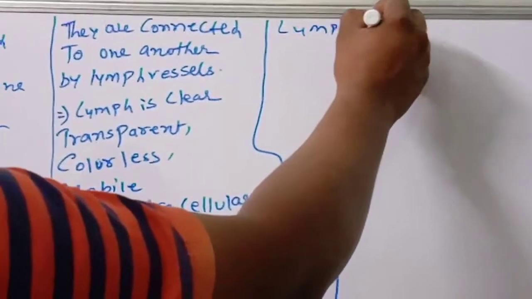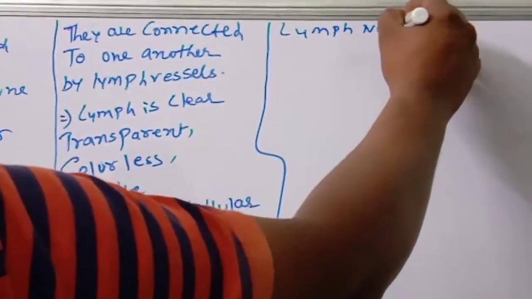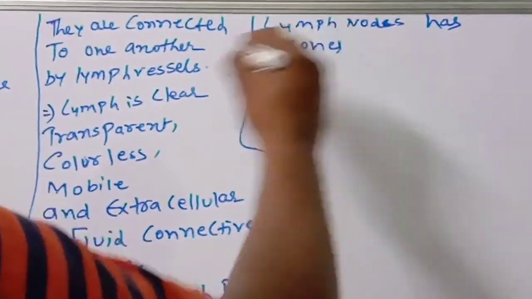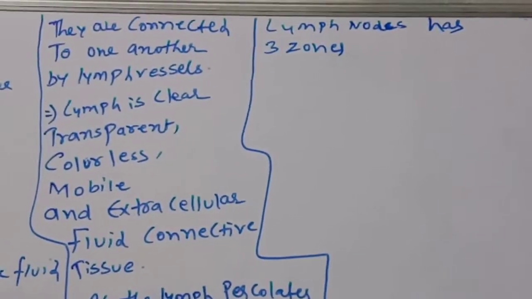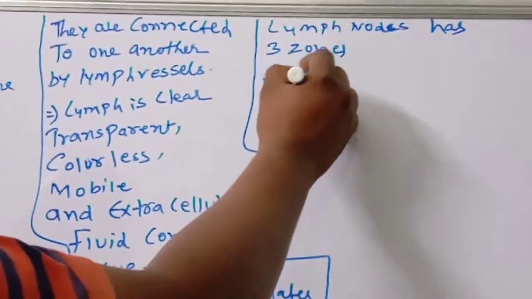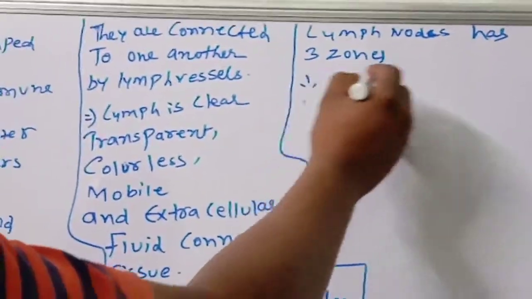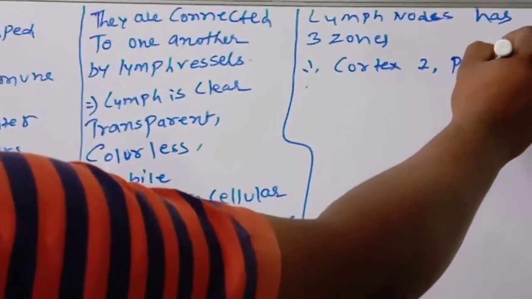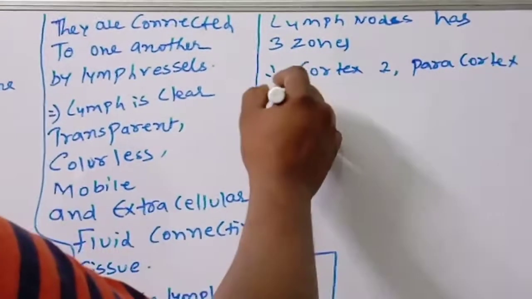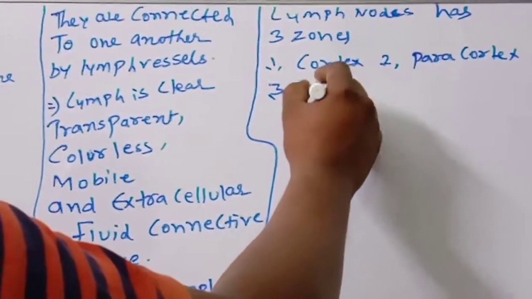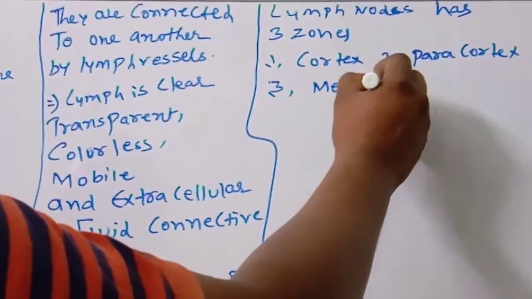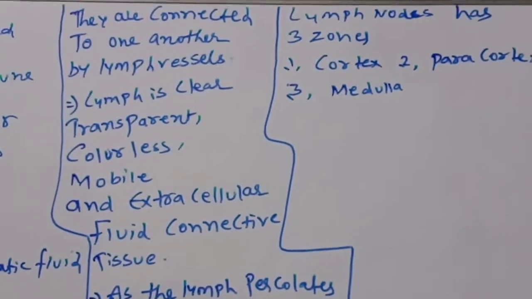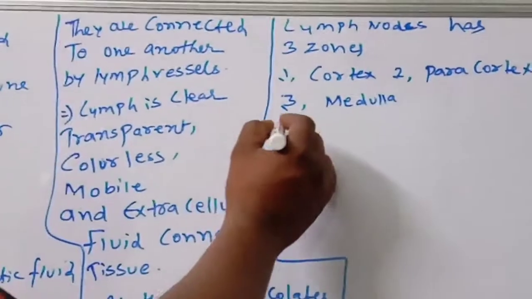They are number 1, cortex; number 2, paracortex; and number 3, medulla.